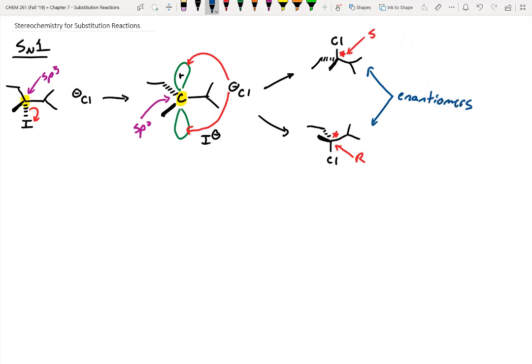All right, so now getting into the really nitty-gritty one. Do you think the topside attack is going to occur at equal probability as the bottom side attack? Give you a hint. Iodine is kind of hanging out as this big ionic sphere right there. Do you think it's going to be easy for that chloride to pass that iodine? No, so in this case, what happens here is a proximity effect.